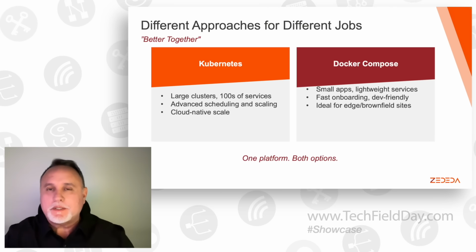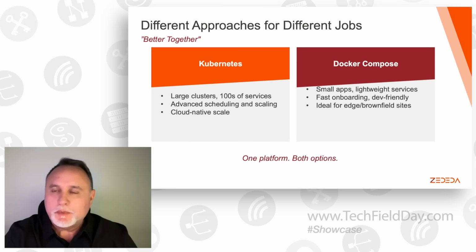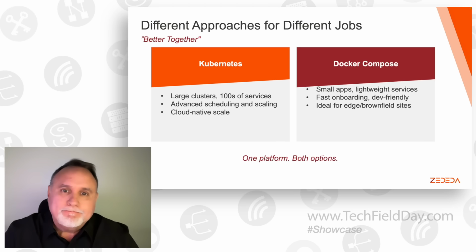So let me start with a question. Do all edge workloads really look the same? And the answer is really no. Some workloads are large, heavy, distributed, cloud-native applications that may require Kubernetes, and Kubernetes is fantastic for those. But some edge workloads are smaller, maybe a connector, single analytics engine, IoT broker, or perhaps a lightweight multi-service application.